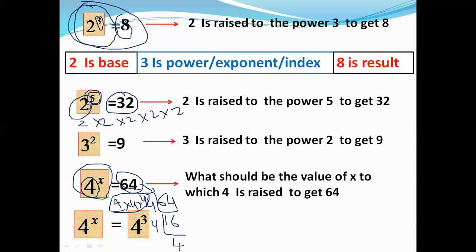Left side base is 4, right side base is 4, and equal symbol is there. So we can equate the powers also. Here x is 3. That means x is equal to 3. So in this way, we can find the x value.